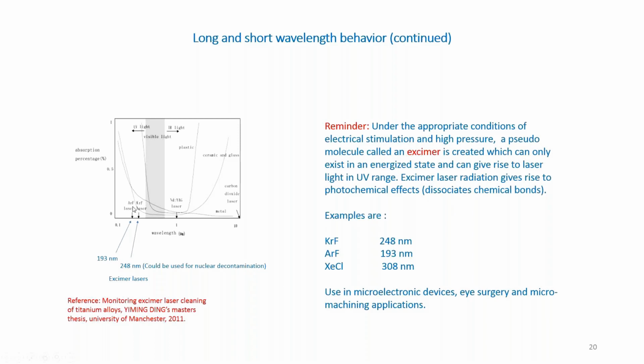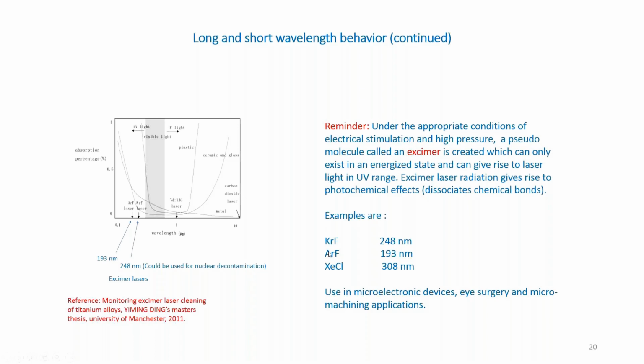In this case, you can see krypton fluoride and argon fluoride at 248 and 193 nanometers. They have some absorption for ceramic and glass, but it is not as high as the mid IR. Plus they're very expensive to operate.